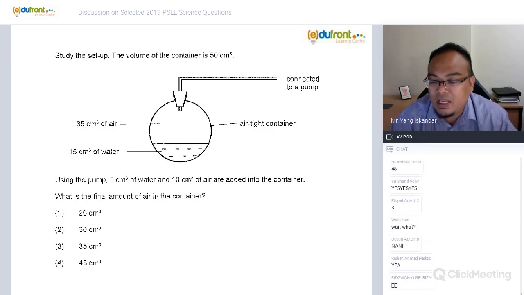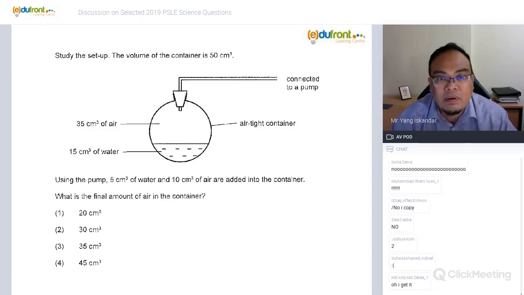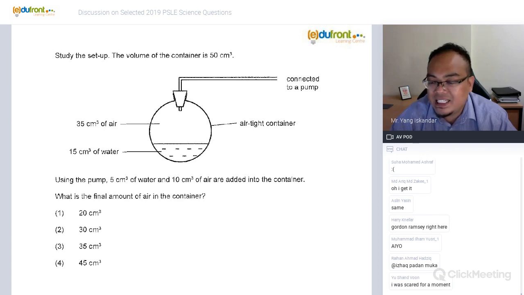You see, copy. Very sad. Okay, this is a straightforward question. This is the concept that you have learned in primary 3 or primary 4. This is a lower block concept, right? Which is on the topic of matter.